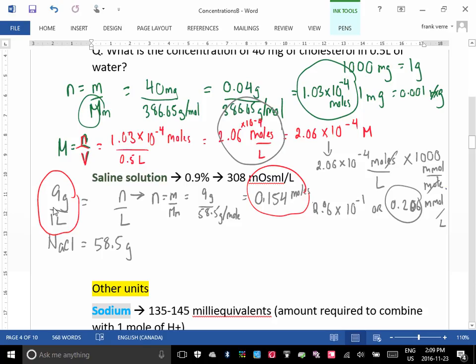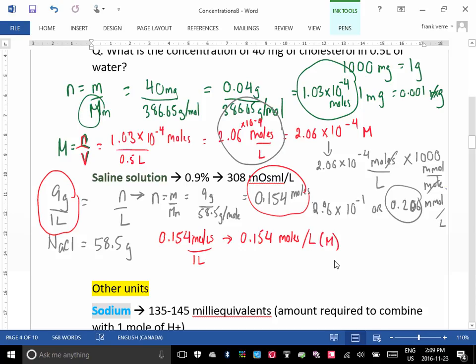So 9 grams per liter would be the same as 0.154 moles per liter. So the concentration is 0.154 big M, or moles per liter, however you want to write it.